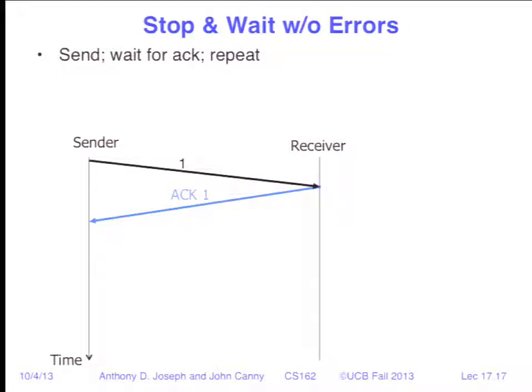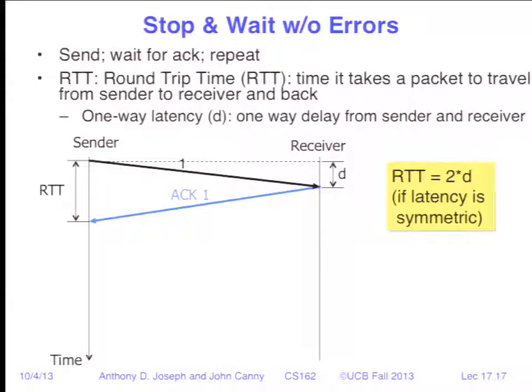That takes total time, round trip time, where the one-way time is D. That's the delay. Okay, so roughly, assuming the network is symmetric, the round trip time is twice the one-way delay. All right, or you can think about it the other way around. If you measure the round trip time, the one-way delay is approximately half the round trip time.